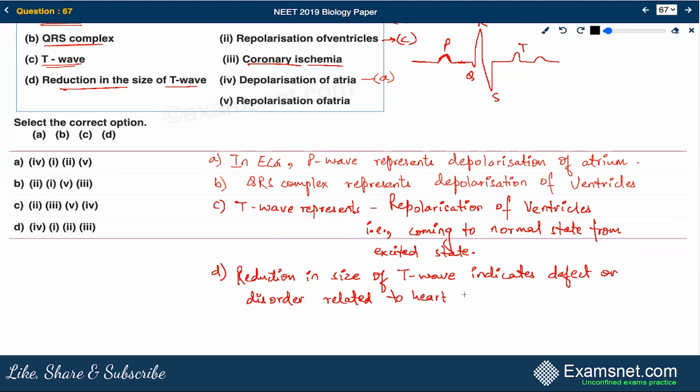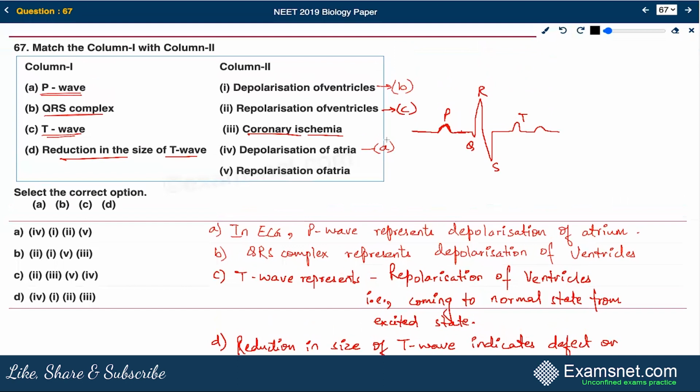And so it is relatable to coronary ischemia, which is insufficient supply of oxygen. All right, so this is going to match up with the option over here.